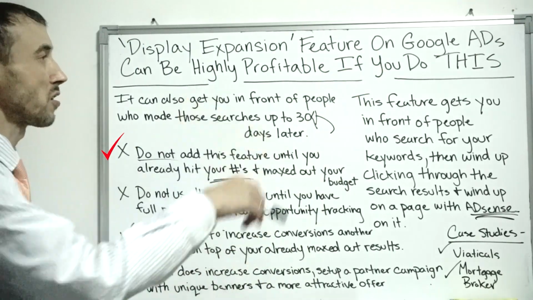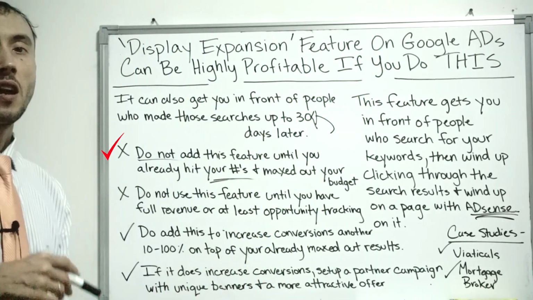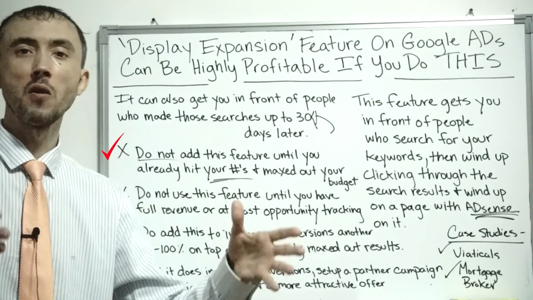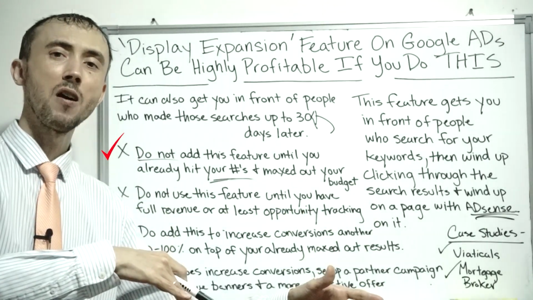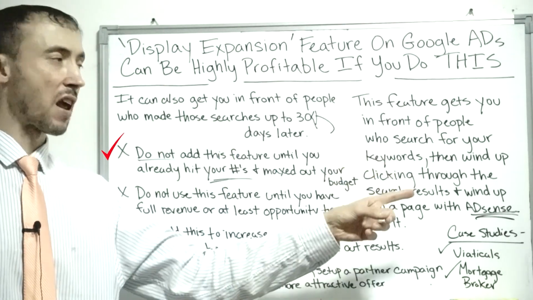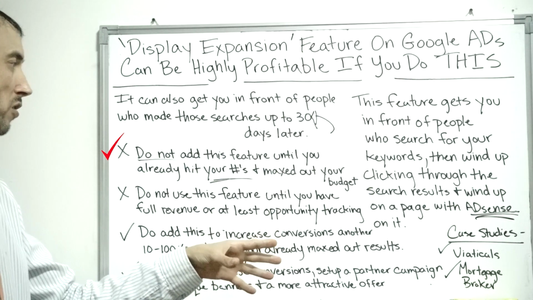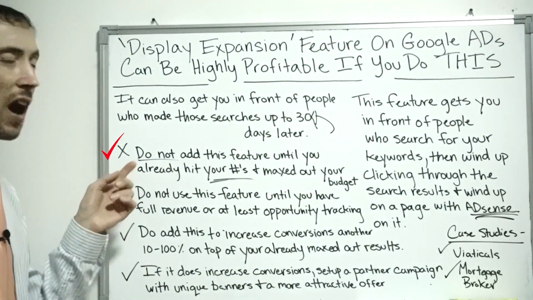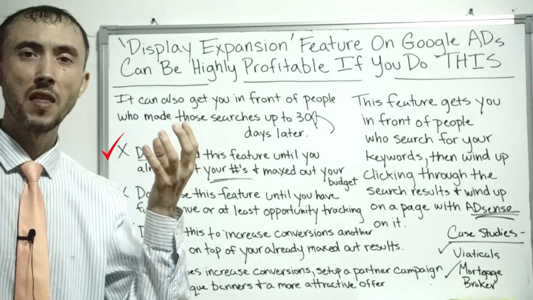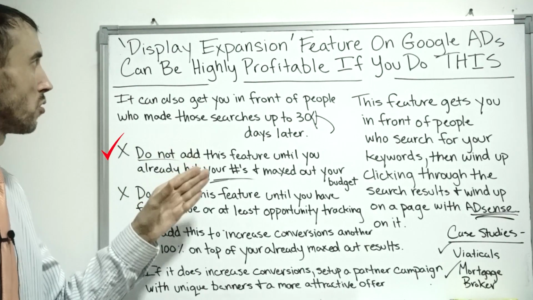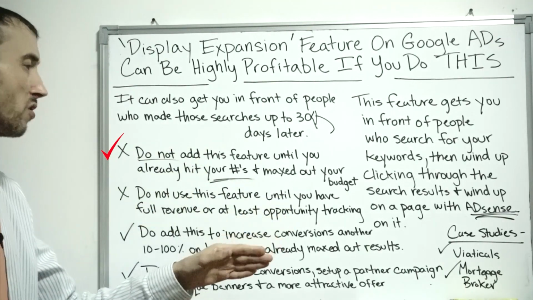You can actually turn on display expansion and let the algorithm, because you've already picked the low-hanging fruit on Google search by itself, find you customers on the display network through the mechanism I described for how display expansion works. So if you've gotten all the juice out of that search campaign by running it on Google search by itself, you can use display expansion to get a few extra conversions.